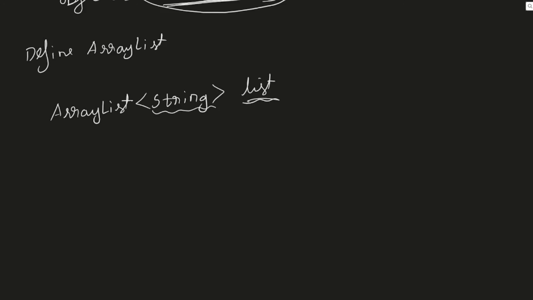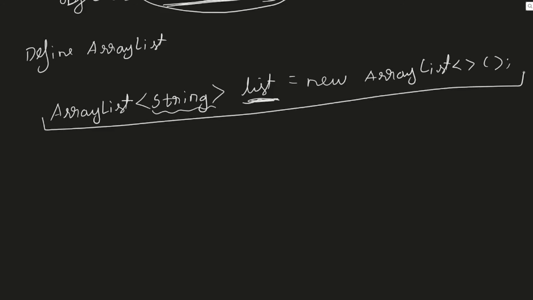This is nothing but a reference variable, meaning the reference name, and this could be anything, and we just need to instantiate the ArrayList class. This is how we declare an ArrayList in Java.